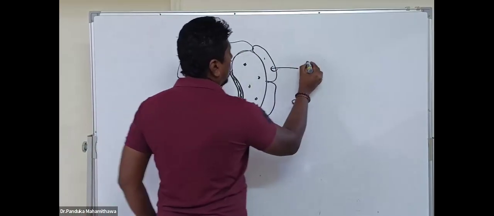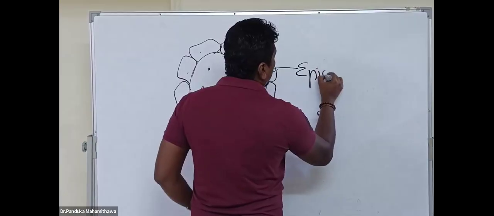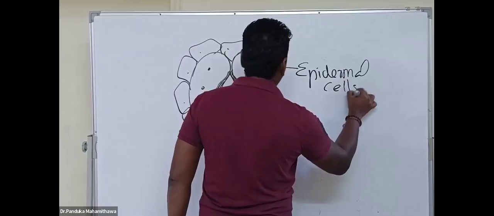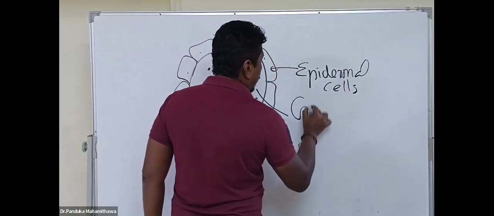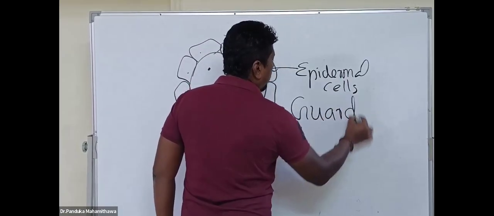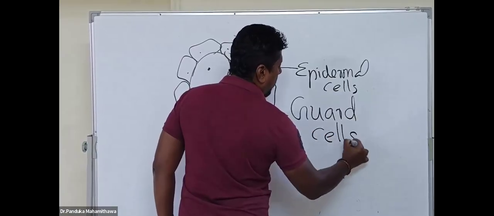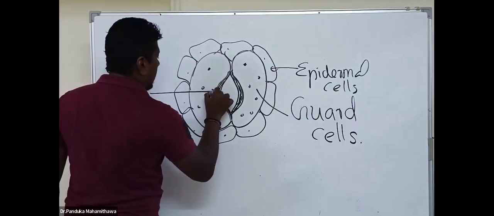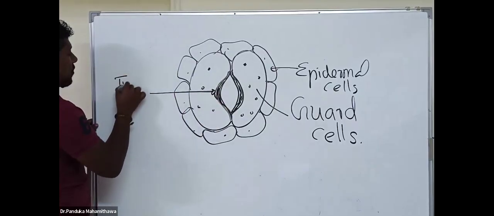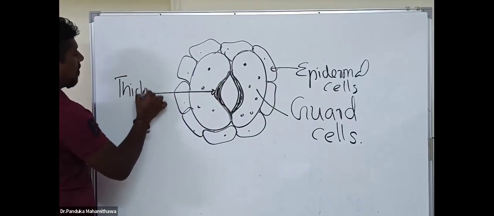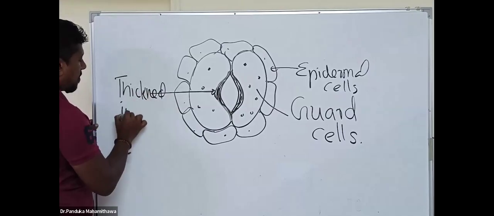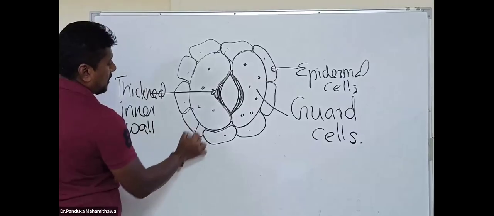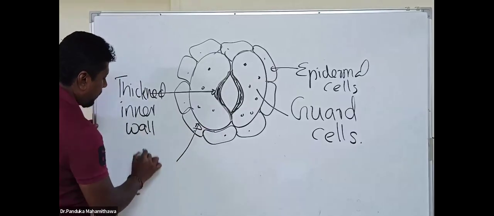So these are the epidermal cells. These are the guard cells. This is the thickened inner wall, and the thinner outer wall.